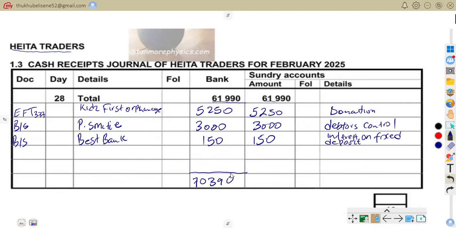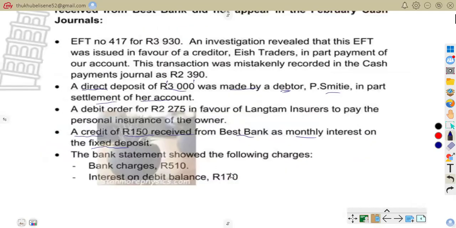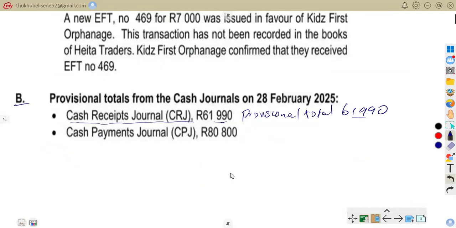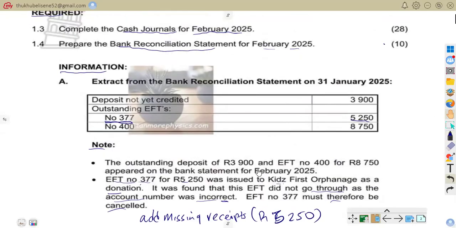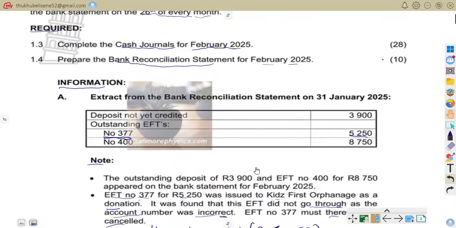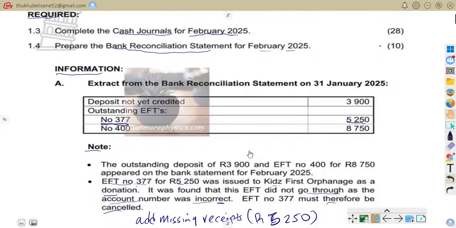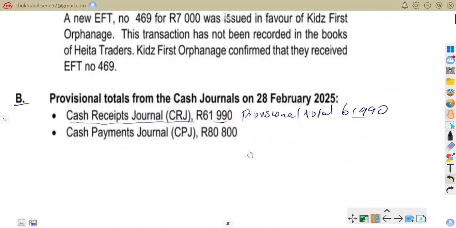Now let us quickly go to the cash payment journal. Like the cash receipt journal, we start with the provisional total, which is here.